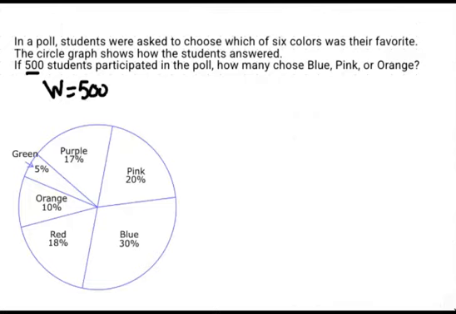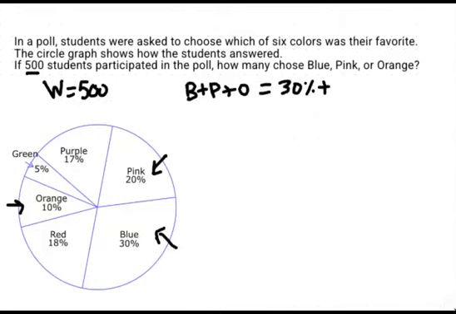All right, now let's look. We're looking at blue, pink, and orange. So we have blue here, we have pink here, and we have orange here. So blue plus pink plus orange is going to give us 30% plus 20% plus 10%.